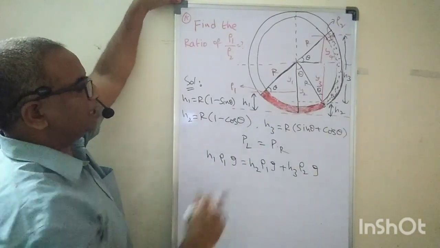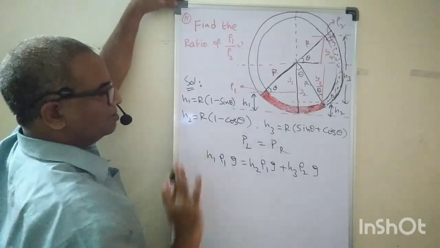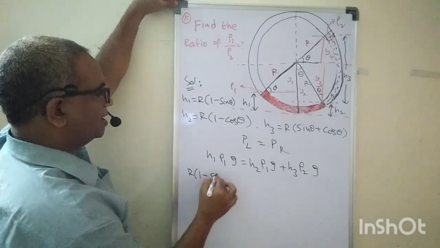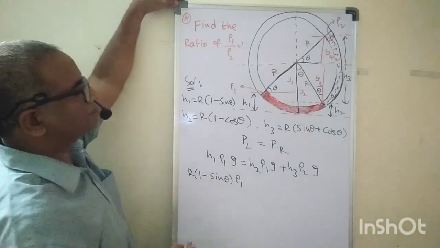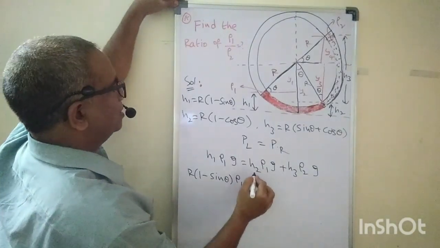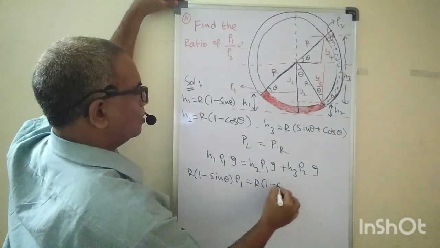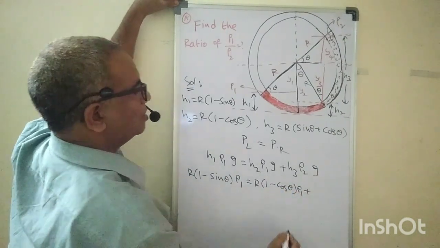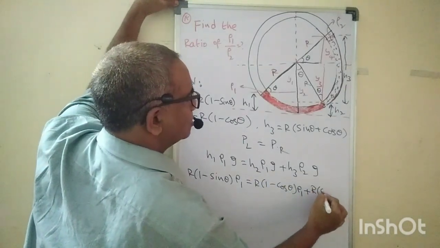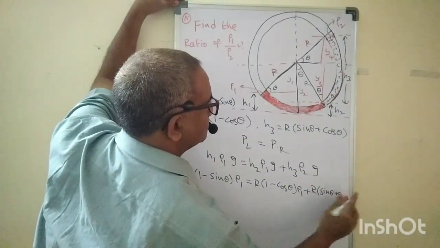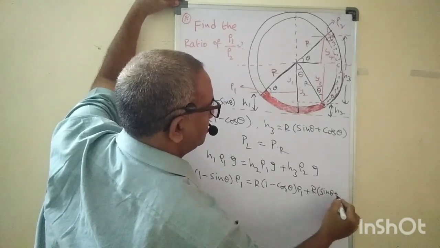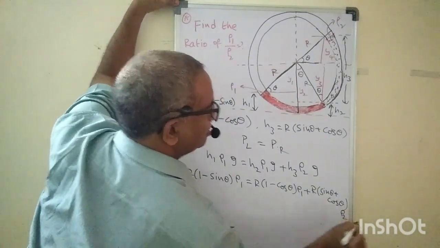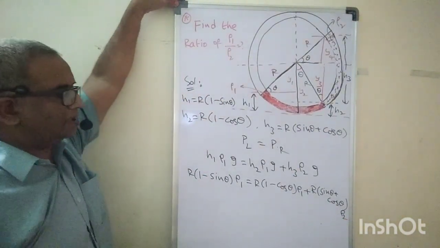Now let us substitute h1, h2, h3 here. g cancels. Therefore, what is left over is r into 1 minus sin theta into rho 1 equals r into 1 minus cos theta into rho 1 plus r into sin theta plus cos theta into rho 2. Now r will cancel.